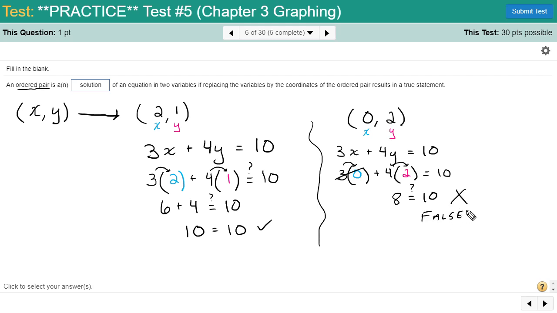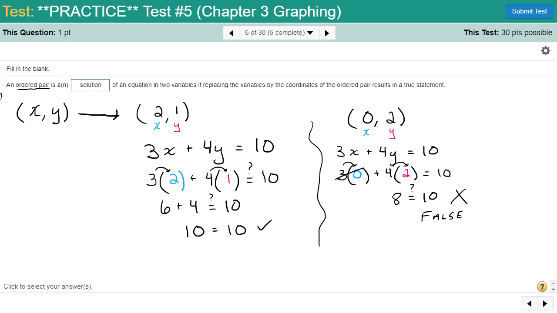And so what we would say is that 0 comma 2 is not a solution to this equation. All right, so see the difference? When an ordered pair is a solution, we get a true statement when we plug it into the equation. When an ordered pair is not a solution, we get a false statement when we plug it into our given equation.